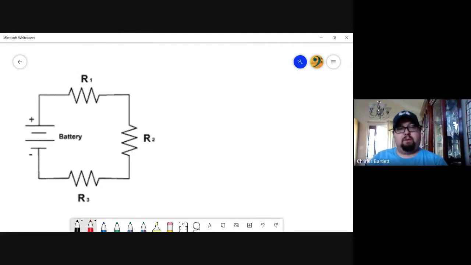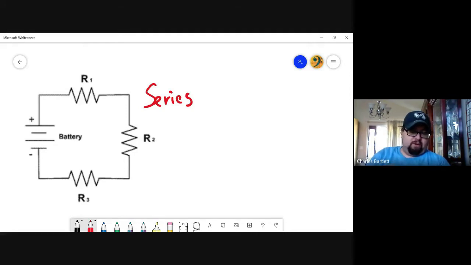So because we only have one pathway, and these resistors are one after the other, we call that a series circuit. And again, I understand that some of you guys really got this down. And if you've really got this down, you don't need to watch these videos. They're not required. These are just to help people.